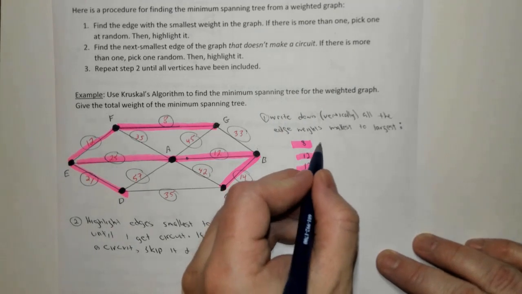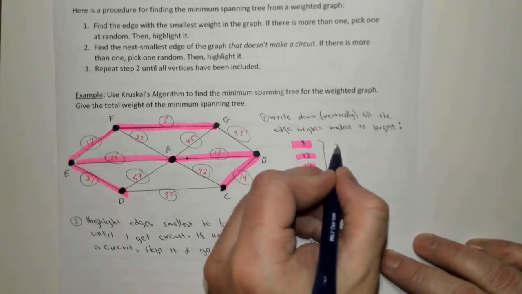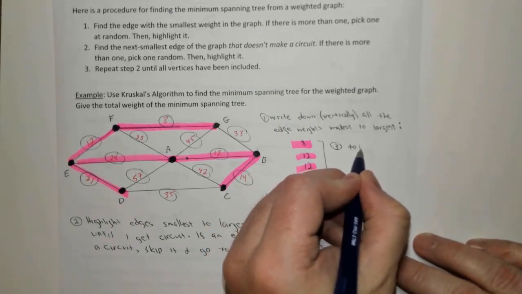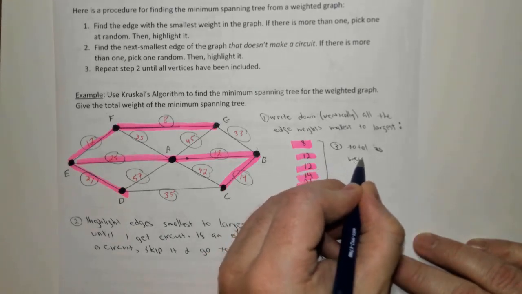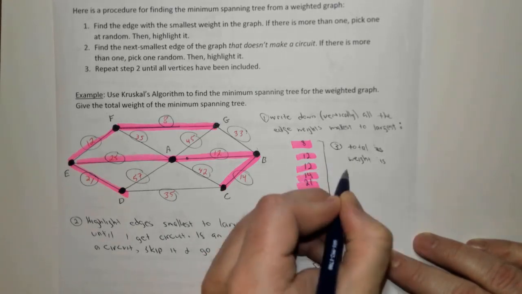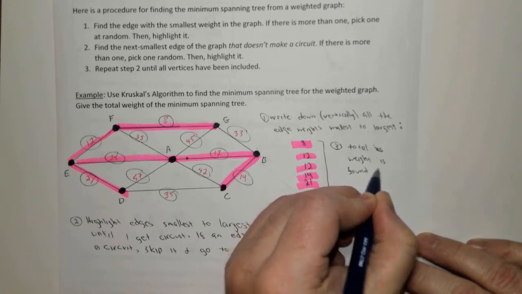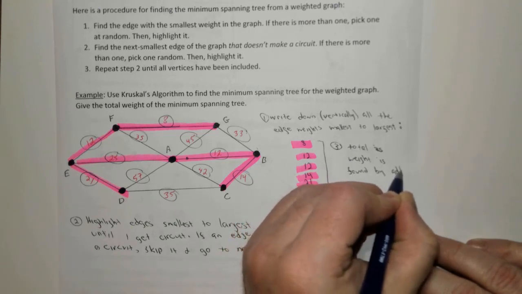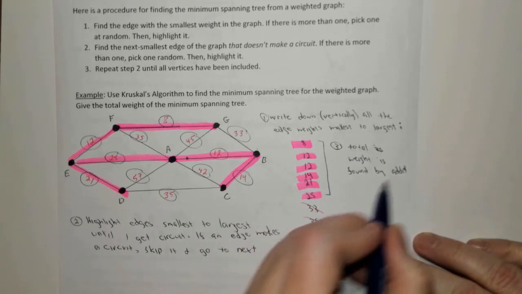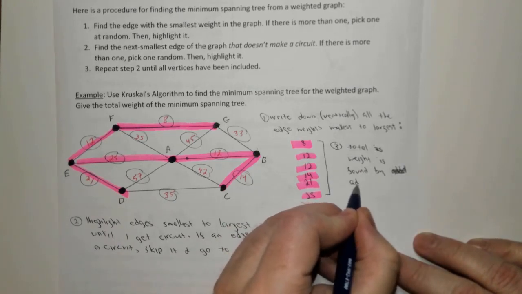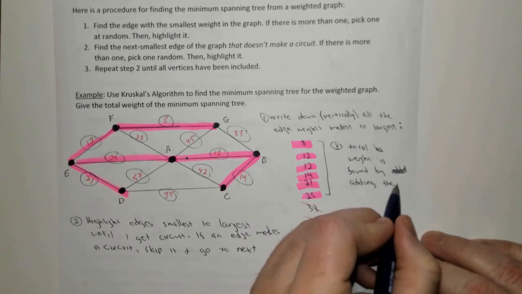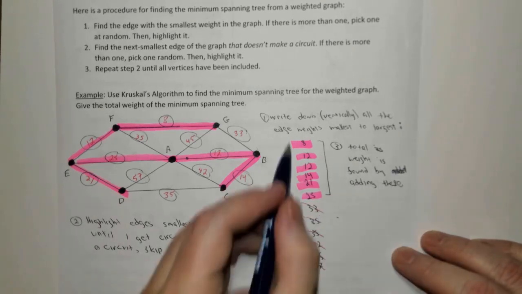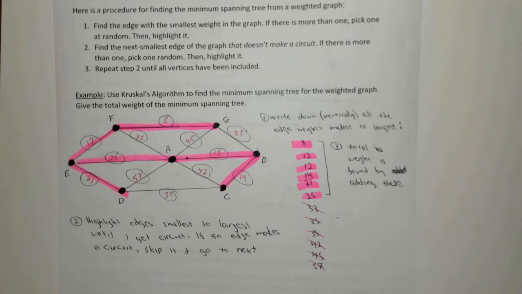The total weight, I guess this is part 3, is found by adding these. And when I say these, I mean the highlighted ones. All right, so let's do that calculation.